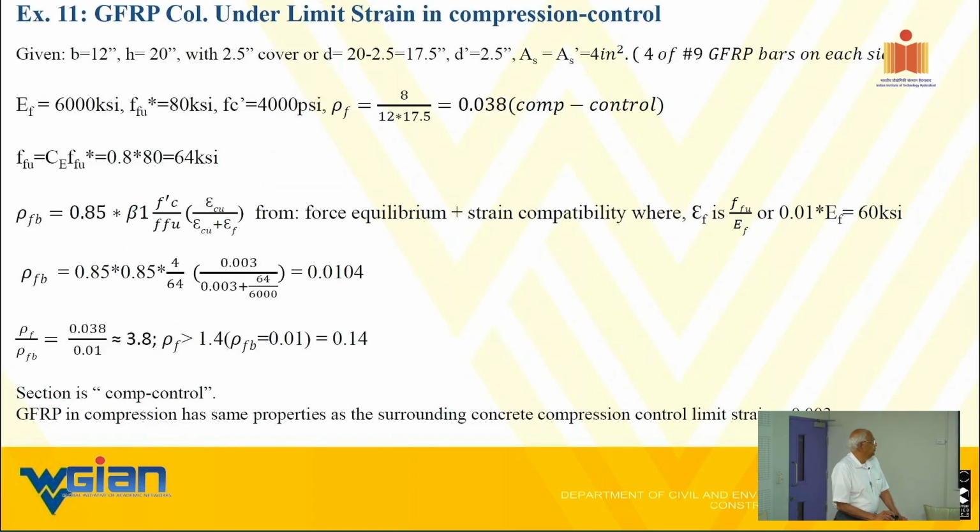So, using that as a backdrop, now let's do the example. GFRP column. There are two things I'm going to do. I'm going to talk about a column capacity example. Then I will be talking about an axial bending interaction example.